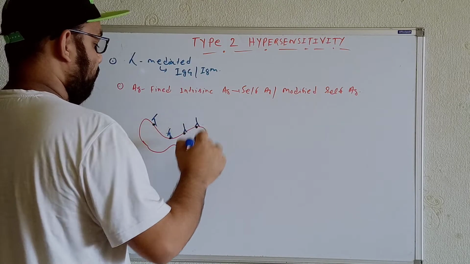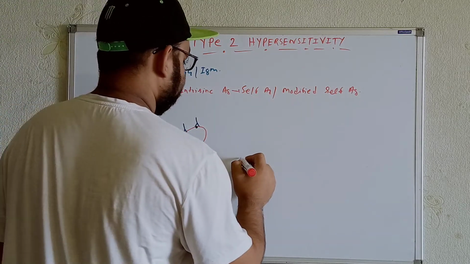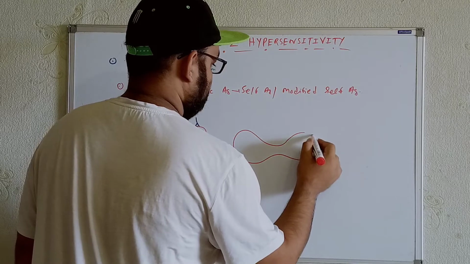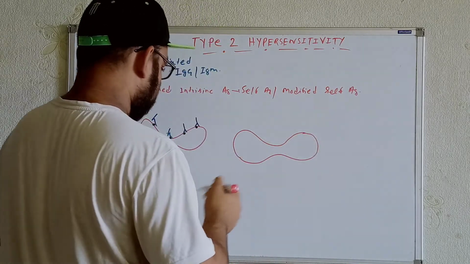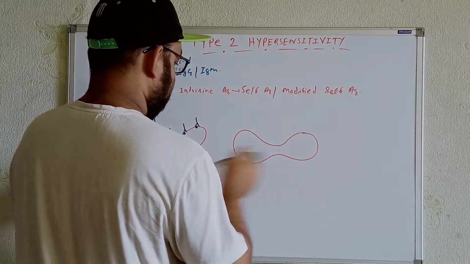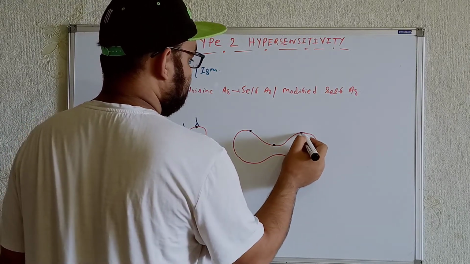Or, for example, take the same RBC. Here is the self antigen of the RBC.